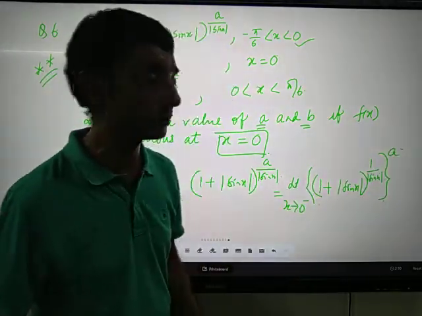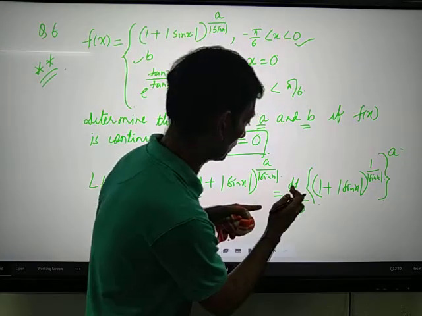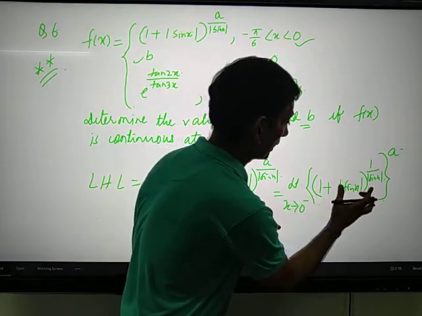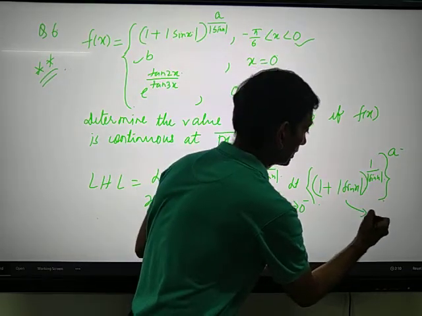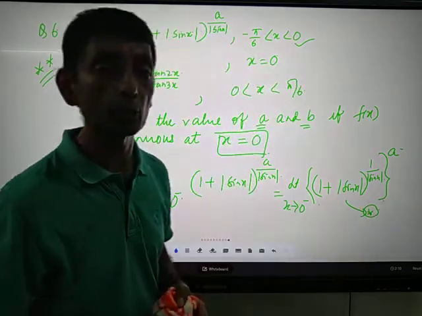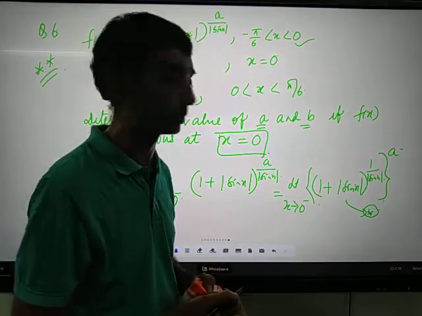Why do we need to write it in this way? The moment you write it in the form limit x tends to 0, 1 plus mod sin x to the power 1 by mod sin x, we can use a very important rule of limits.